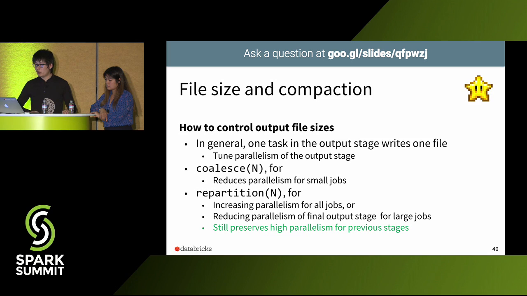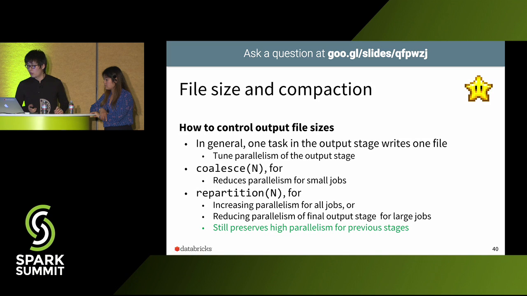Then how do we control output file sizes? In general, Spark produces one file for every single task in the final output stage. So if you want to control the output file size, what you really need to do is tune the parallelism of the output stage. Usually you can do either coalescing or repartitioning.